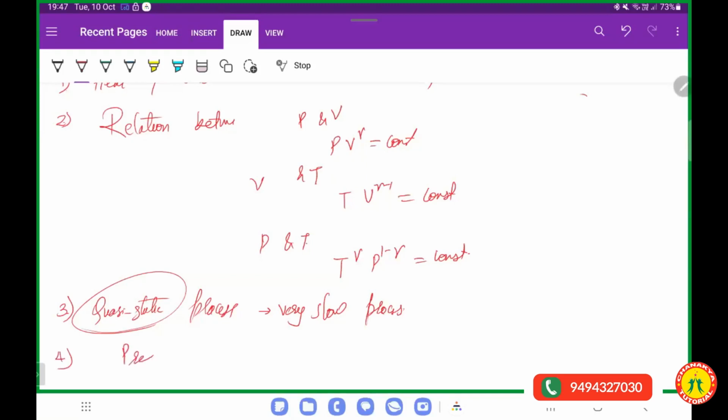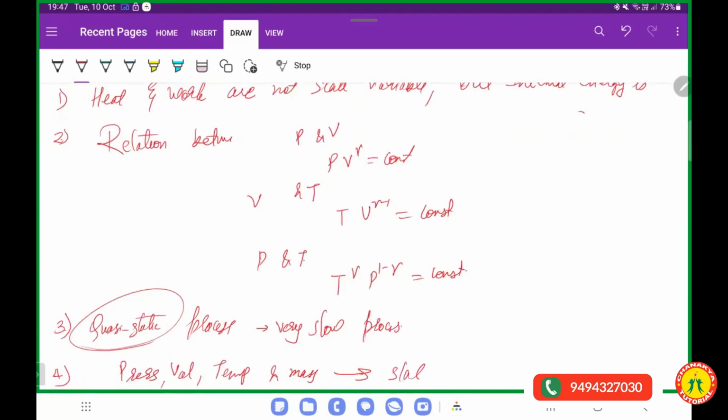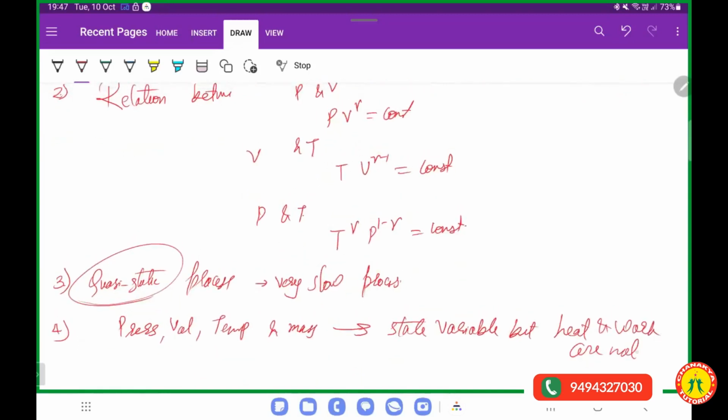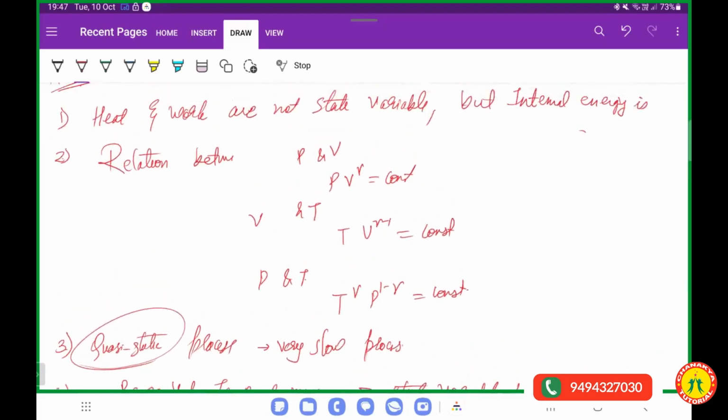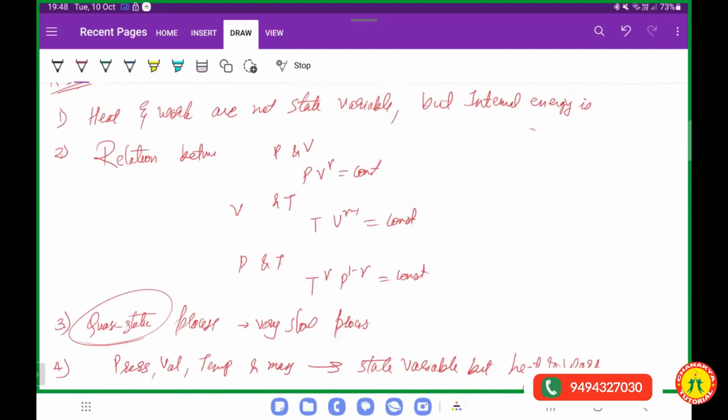Pressure, volume, temperature, and mass. They all, from this first point I'm writing, are state variable. But heat and work are not. The same thing what we wrote, these points.